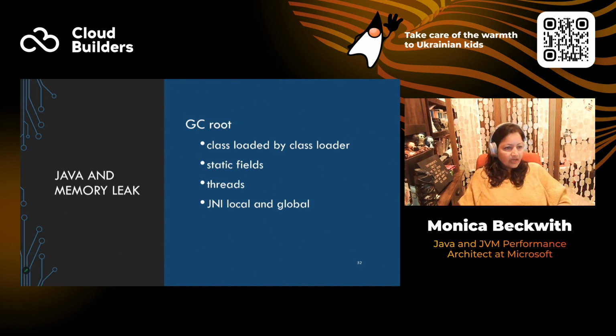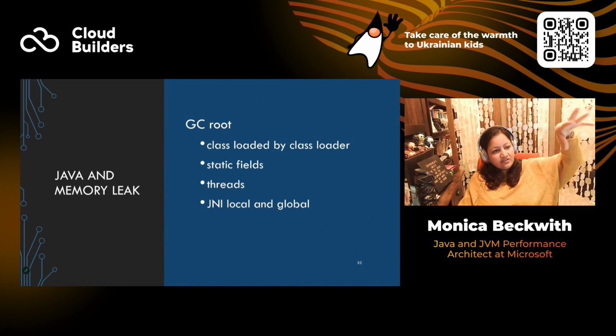Well, if you're tracing the GC roots, who is responsible for them? First of all, what are the GC roots? Here I've listed them: classes loaded by class loaders, your static fields, your threads, your JNI local and global references. Who is responsible for these? You, the application developer, right? You have either done the static fields, or you are responsible for the threads.